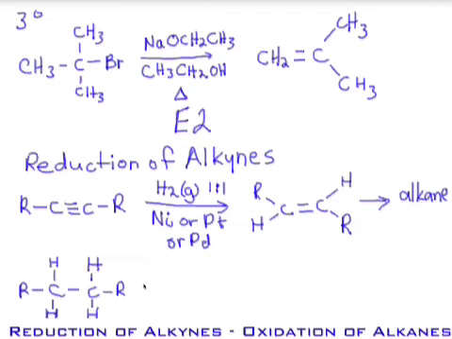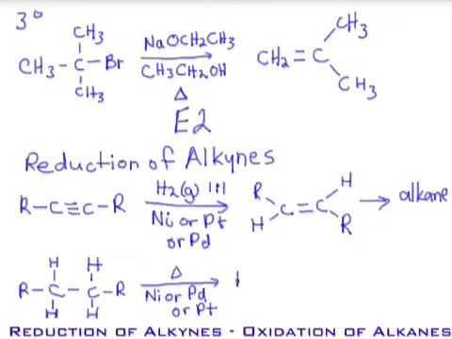So if I use nickel or palladium or platinum, any one of them, I don't use them all, I use one of them, and heat, in the absence of hydrogen, the nickel, palladium, platinum will start grabbing the hydrogen off the alkane.